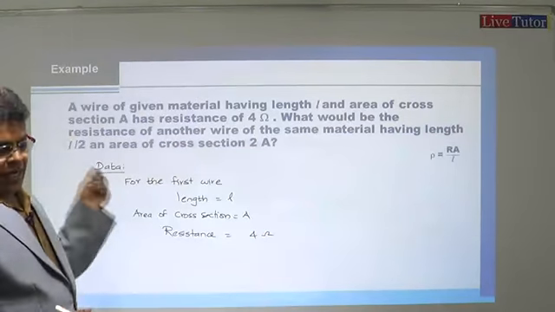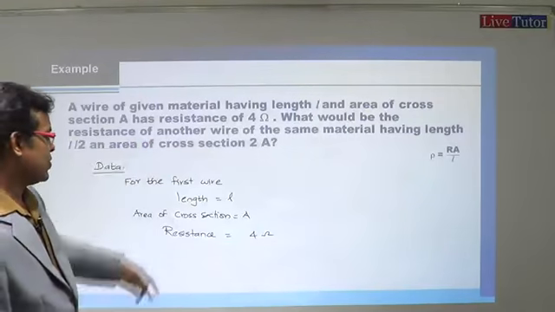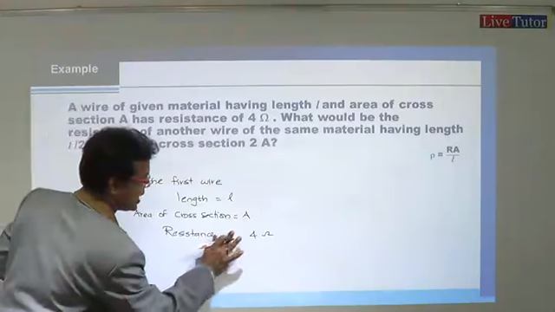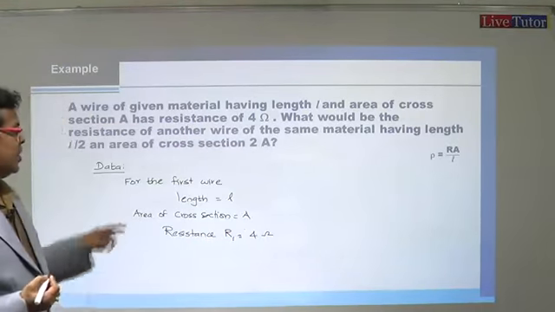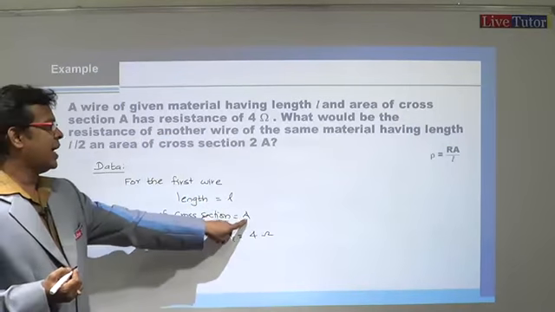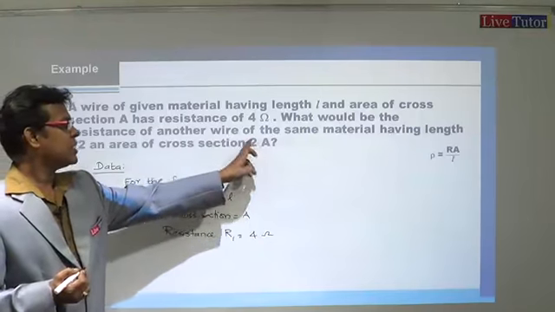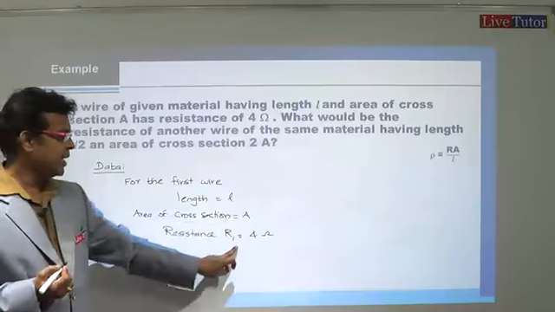Right. Now, since we are going to find out the resistance of another wire also, we will take this resistance as R1. The length is L only and cross section is A, only the value is differing in terms of multiples. So we will take L and A, only the resistance we will take as R1.